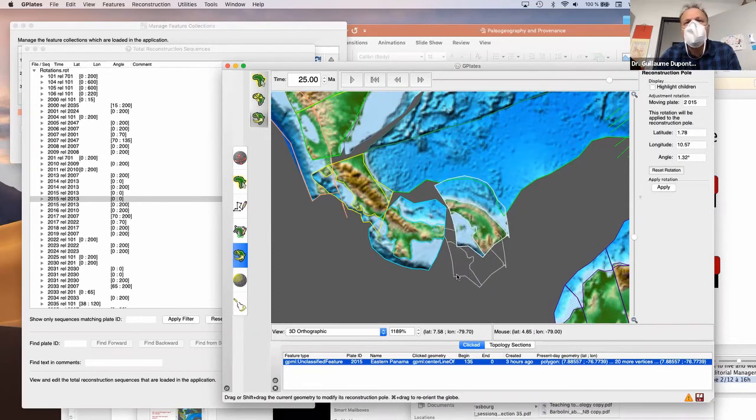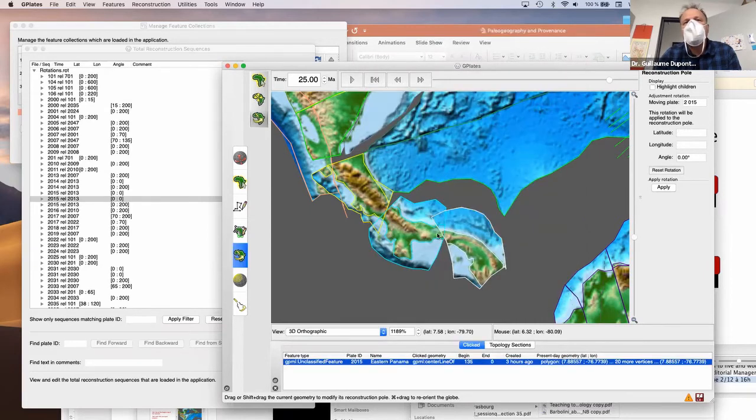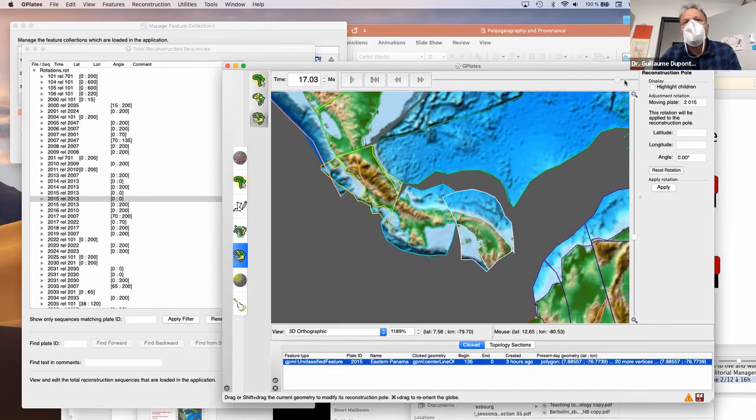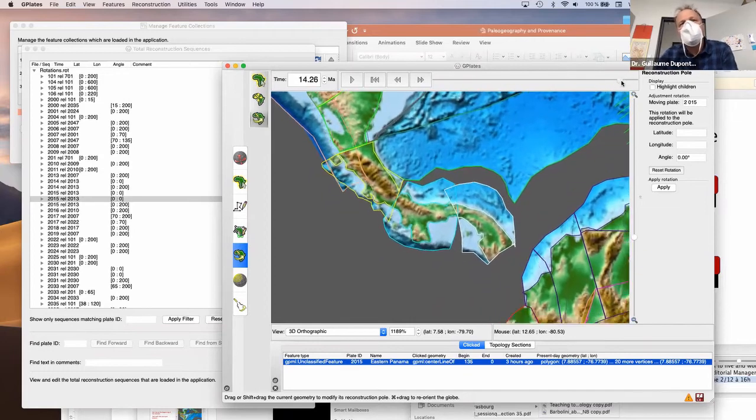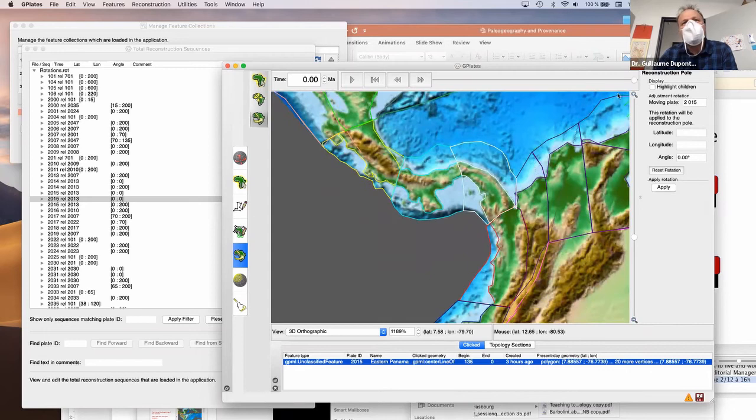It's already rotated, but I just wanted to align it with the other one. Okay, apply. And that's it. So now we have this block. Beautiful.